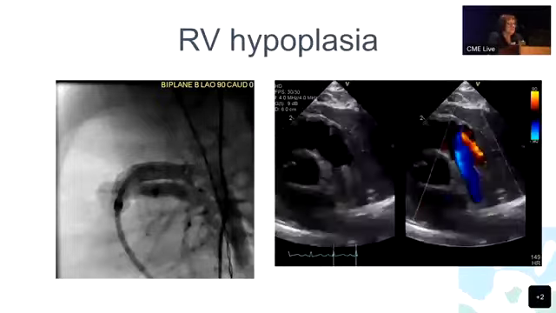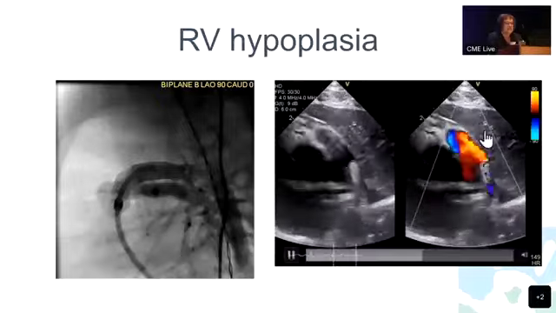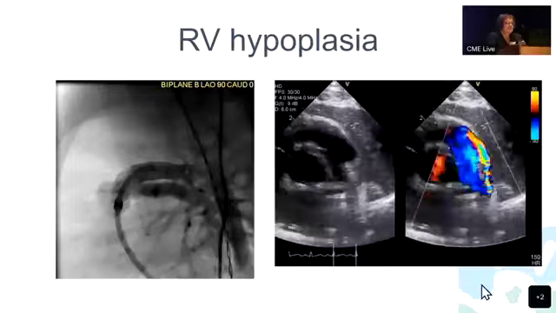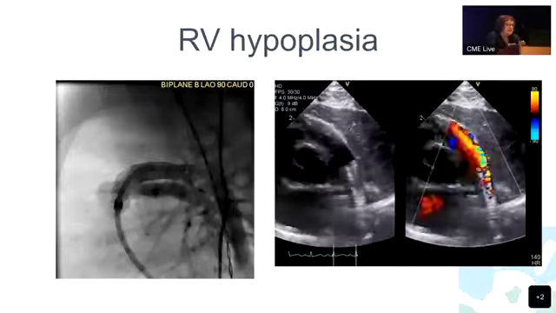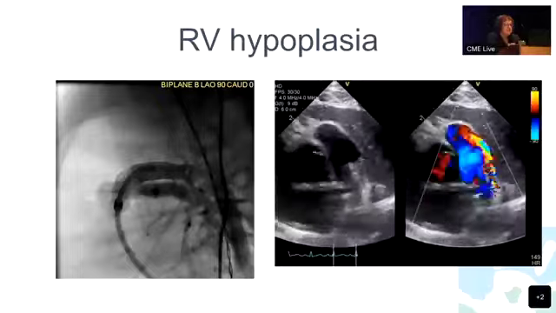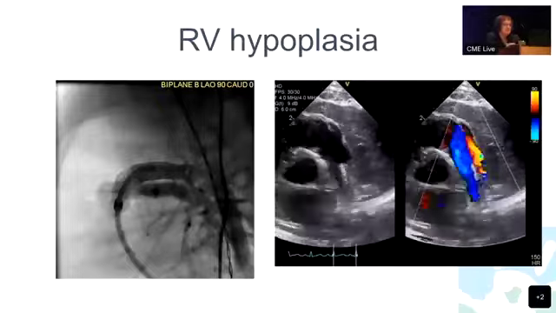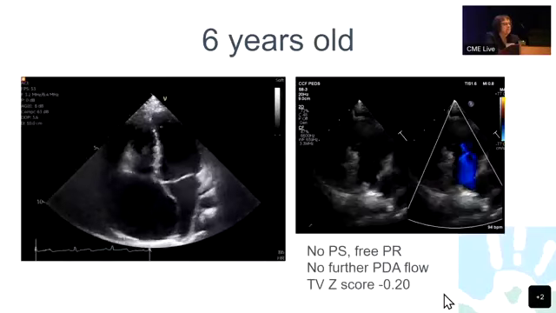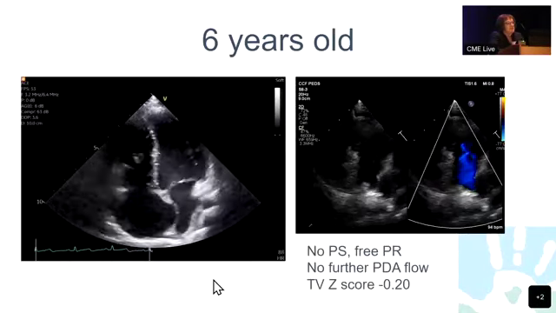So she underwent a PDA stent and was followed for several years with good patency of the PDA stent. Saturations were usually in the high 80s, because of right to left atrial level shunting, but clinically she did quite well. Then she came to clinic recently.